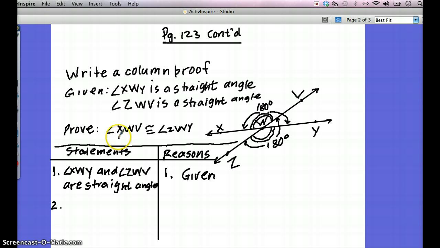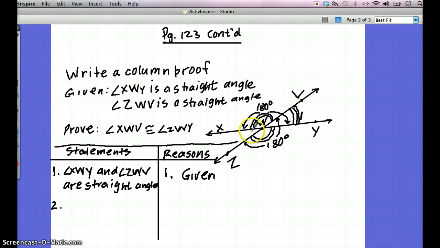And what I know is I want to get this angle here called XWV and this angle ZWV involved in what I'm doing. So here's what I'm going to do. I'm going to go ahead and name this angle here, which I'll give the 3 arcs. I'm going to name this as angle 1.